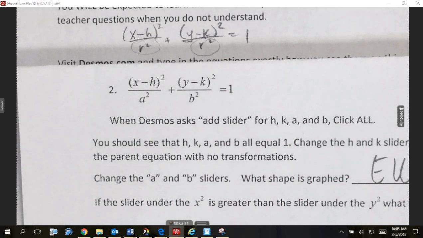But these numbers here, what makes them not the radius? When you first started doing it and you typed it all in, a lot of you were like, that's a circle again, and then you wrote down circle, but then you went and actually did what I told you to do before you could tell it was an ellipse. What did you have to do to the A and B so it wasn't a circle anymore?